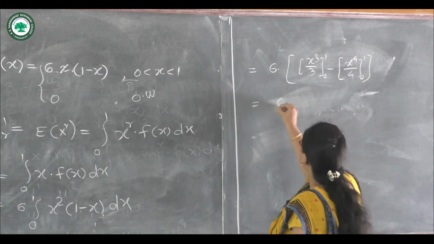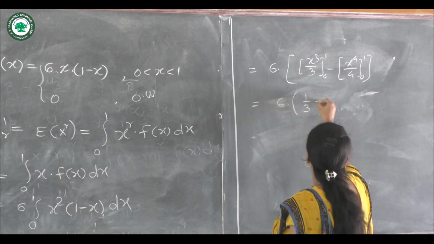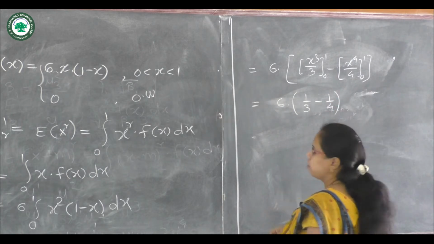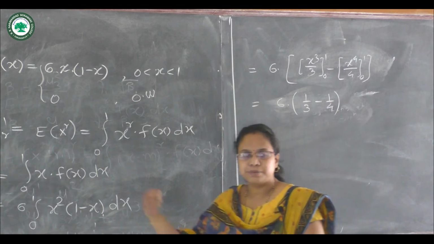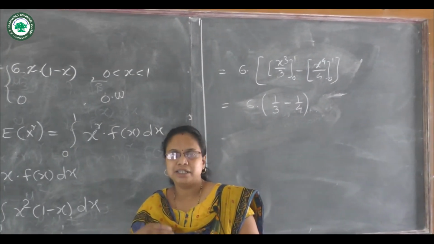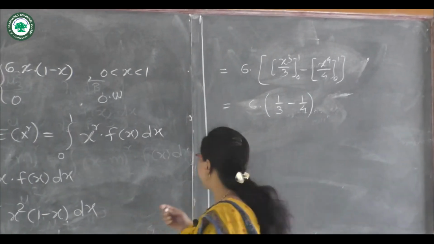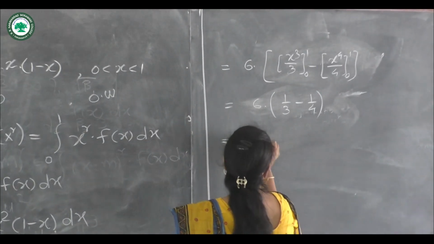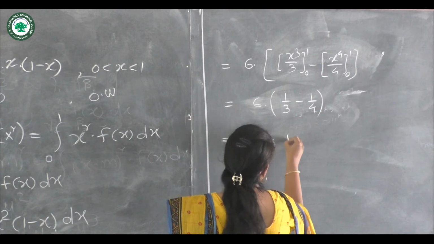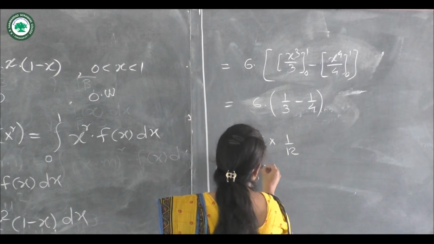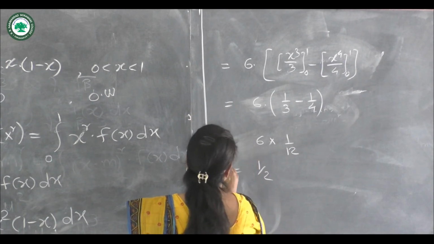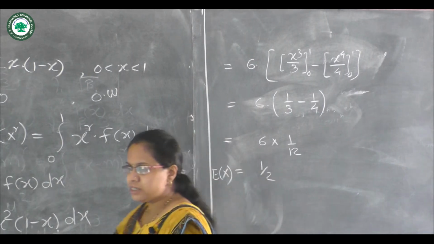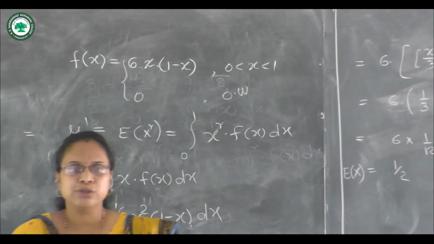In this way, it is 1 upon 3 minus 1 upon 4. We have solved this by substituting the upper limit and then minus putting the lower limit. So here we got the answer 6 into 1 upon 12, which is half. So the expectation of x, that is mu 1 dash, equals half.